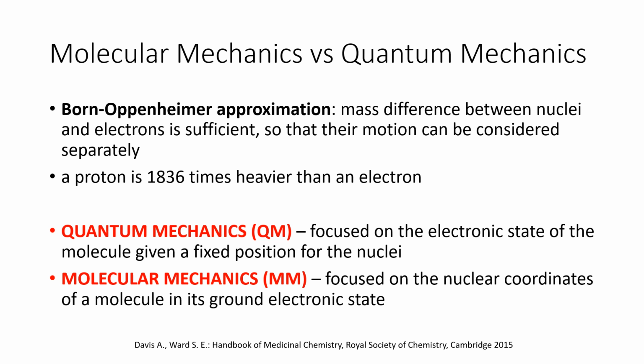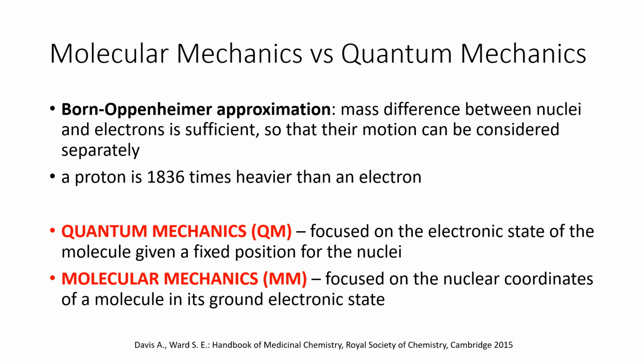A proton is 1836 times heavier than an electron. So the quantum mechanics calculations are focused on the electronic state of a molecule given a fixed position for the nuclei. So the electrons and the motion of electrons are important and calculated in the QM approach.